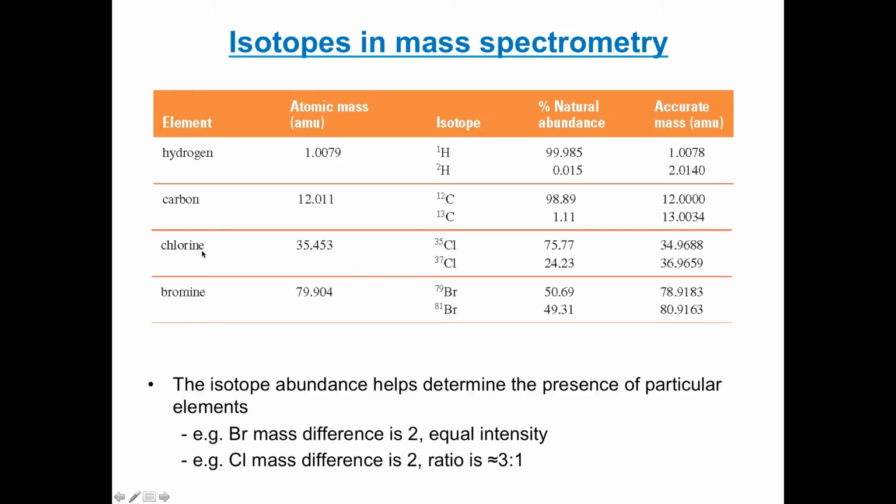It's even more obvious if you have chlorine in your molecule, because then you have a 3-to-1 ratio of chlorine-35 and chlorine-37. So if you have a mass spectrum that shows a molecular ion differing by 2 units in a ratio of 3 to 1, that's really good evidence that you have a chlorine in your molecule. And similarly with bromine, that's got two isotopes of 79 and 81 in equal abundance. So if your molecule contains a bromine, that's really obvious in mass spec as well, because that will give two signals of equal intensity separated by two mass units.